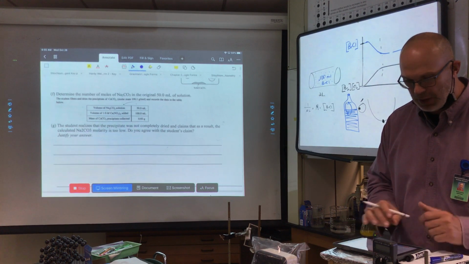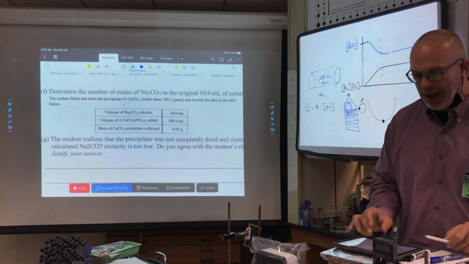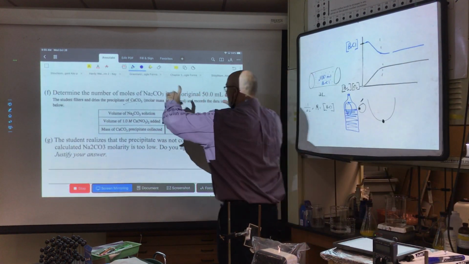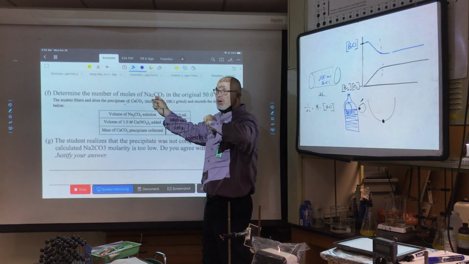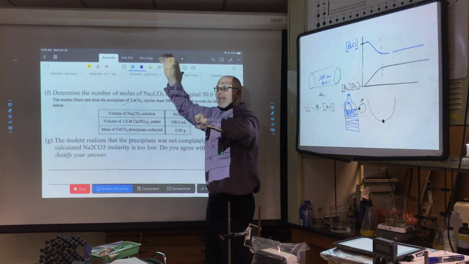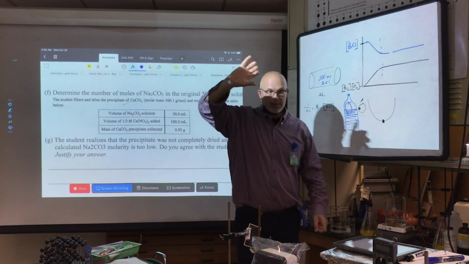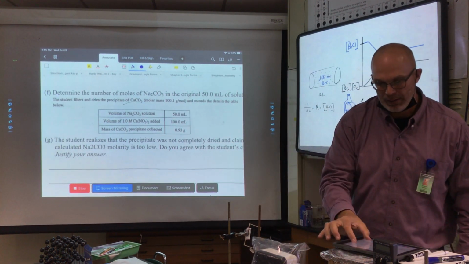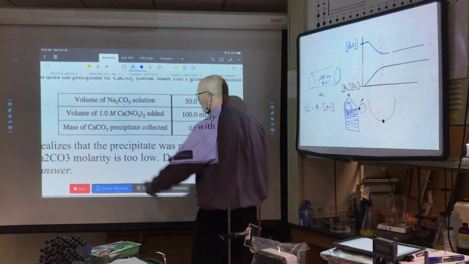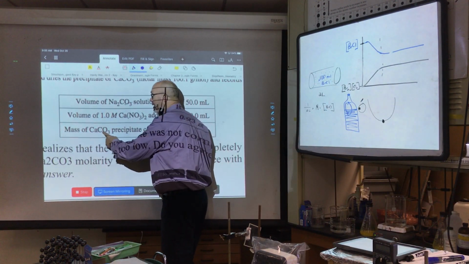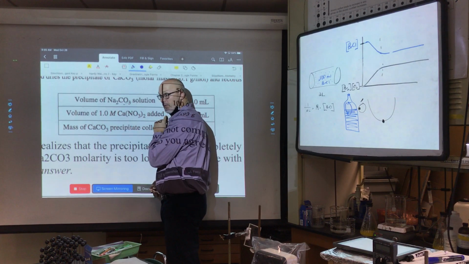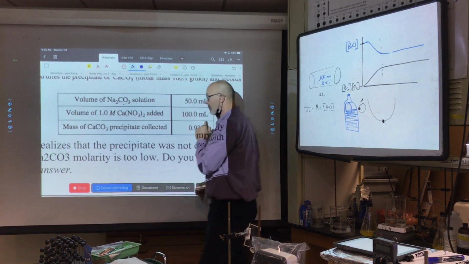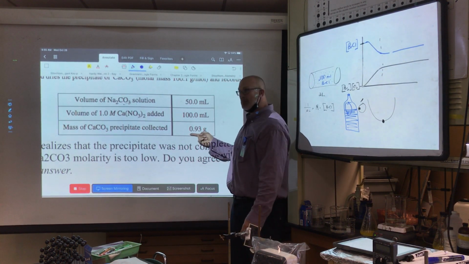Real fast, we'll touch on part F. Now, the point of this question is to find the concentration of sodium carbonate. We added excess what? Calcium nitrate. Why? So that the calcium hooks up with all the carbonate ions that came from the sodium, right? Now watch. I got the mass of the precipitate collected.